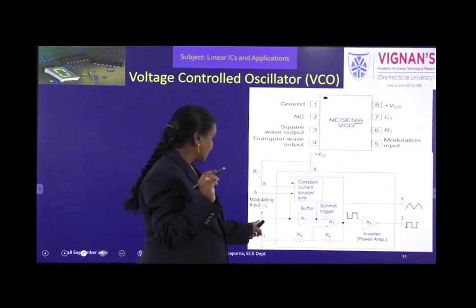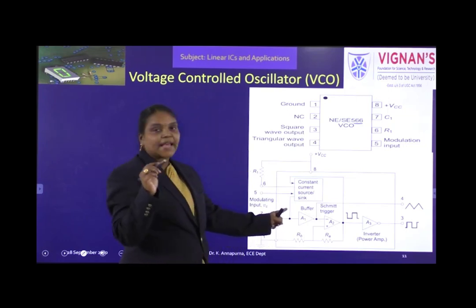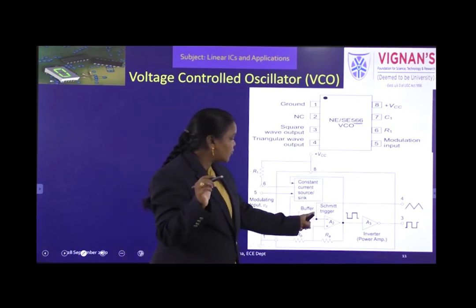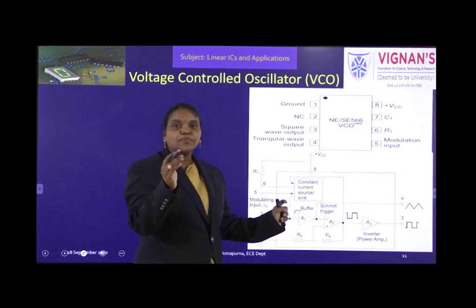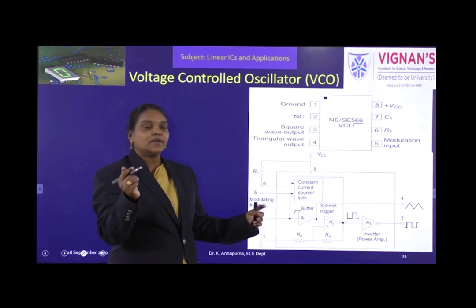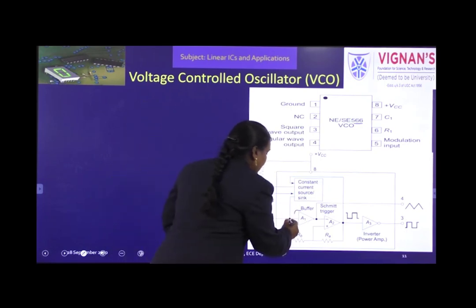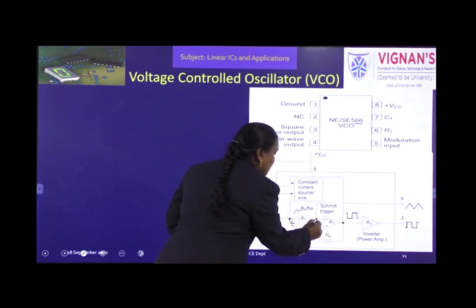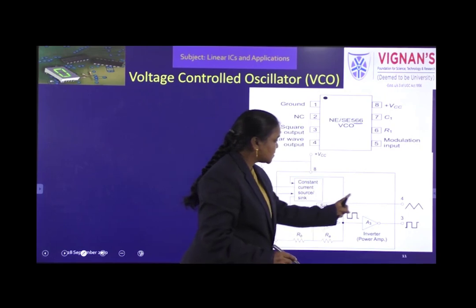So if you take the output of this capacitor, it will be a triangular wave. And before taking that, there is a buffer. What is the input output relationship for a buffer? V0 is equal to Vi. So here it is capacitor voltage, and here also capacitor voltage. So it is a triangular wave.